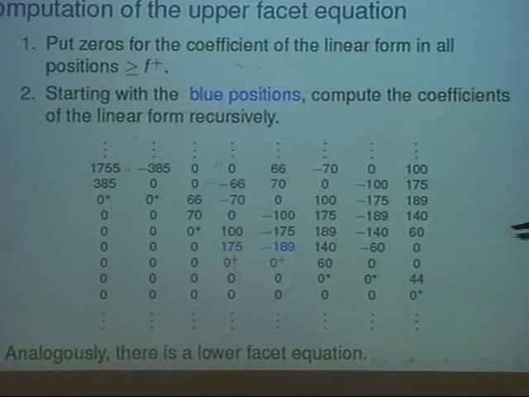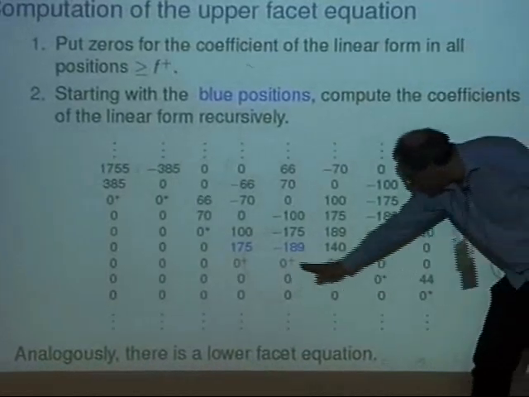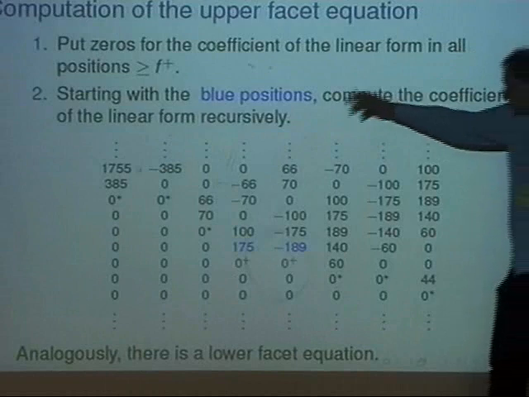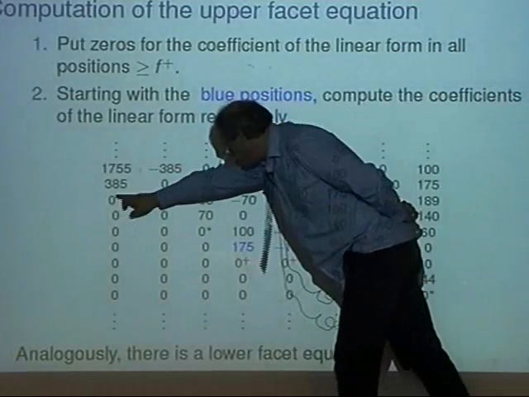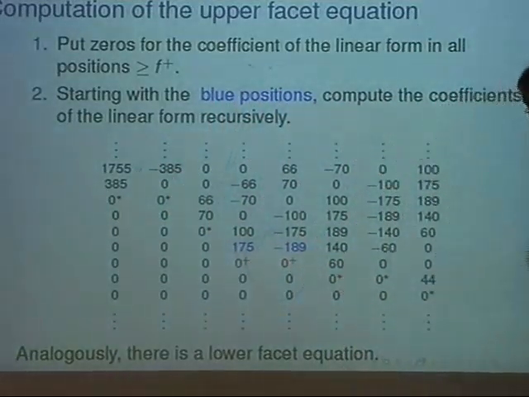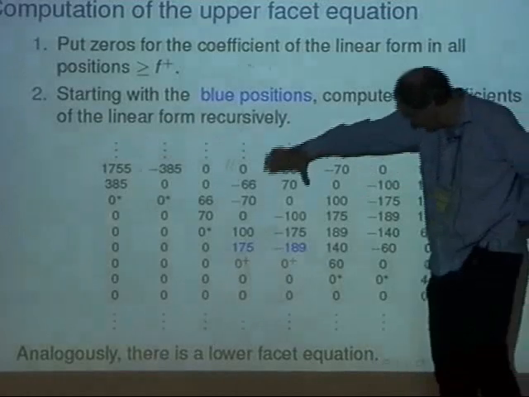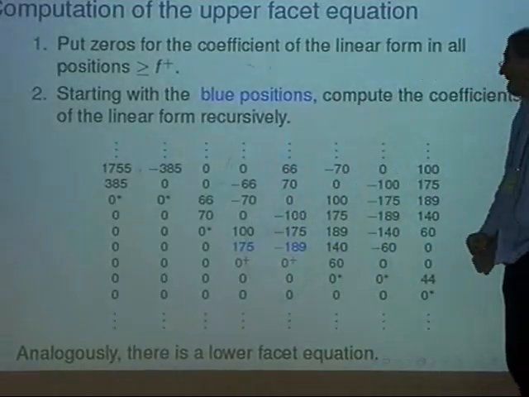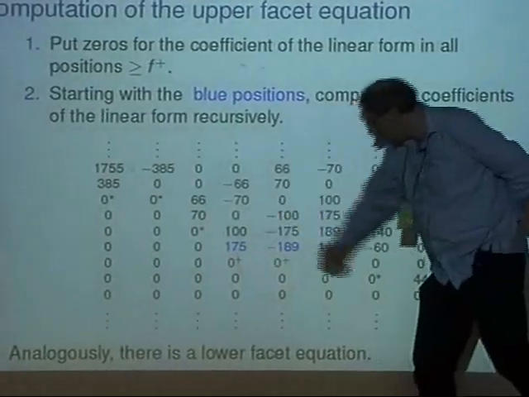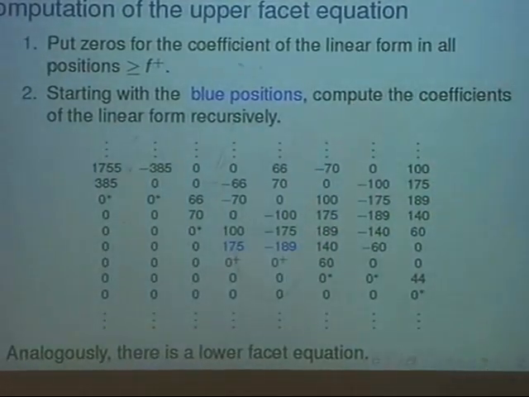First I start out putting zeros below in every position greater than f plus, so here below, where the 0 stars and the 0 pluses are, in everything below. And then I look at the position where f minus lives, and I try to compute now the coefficients.